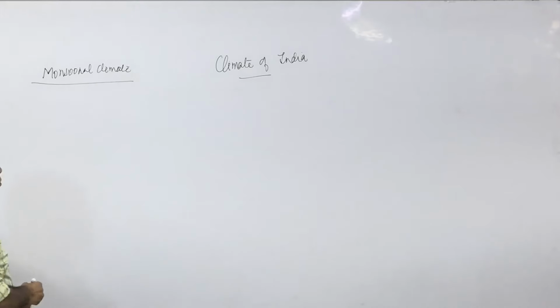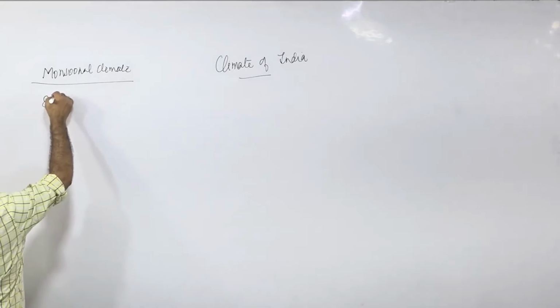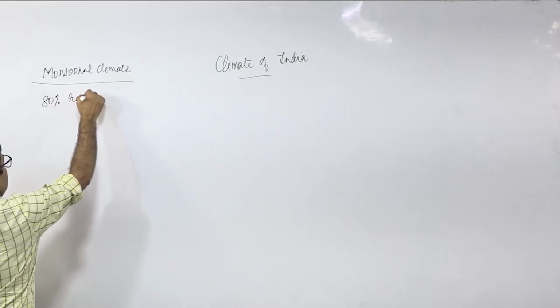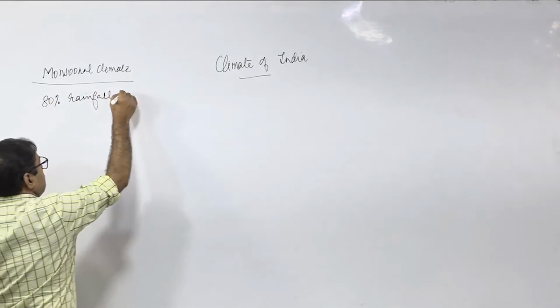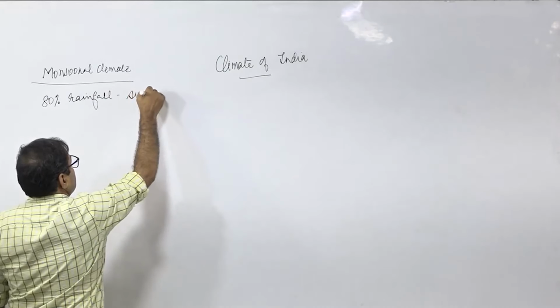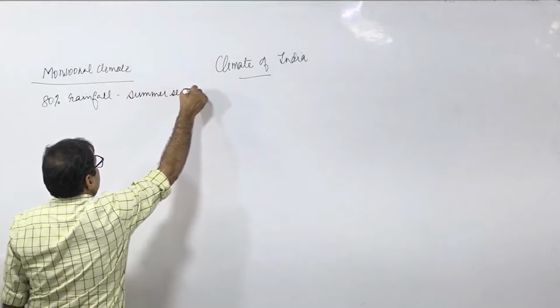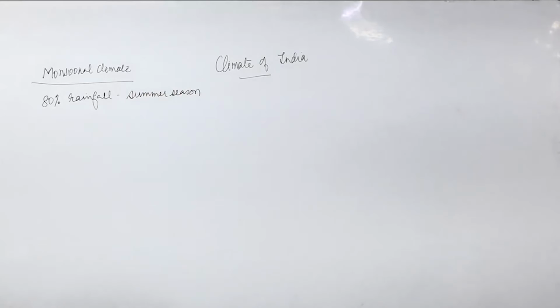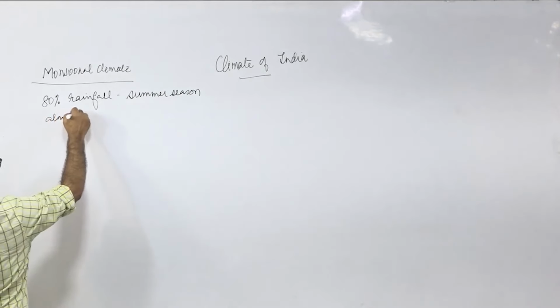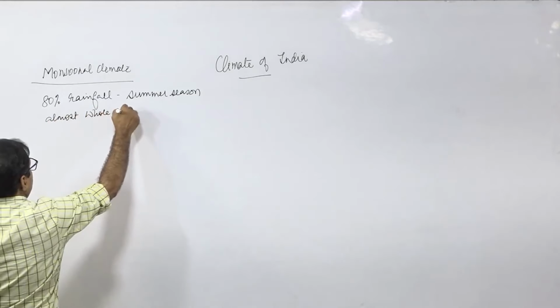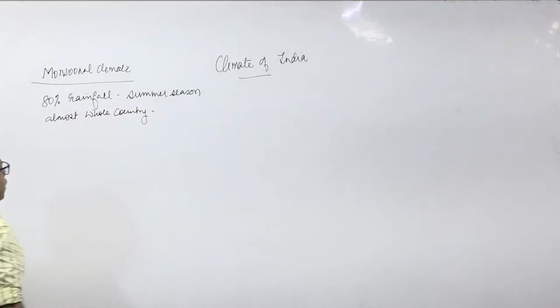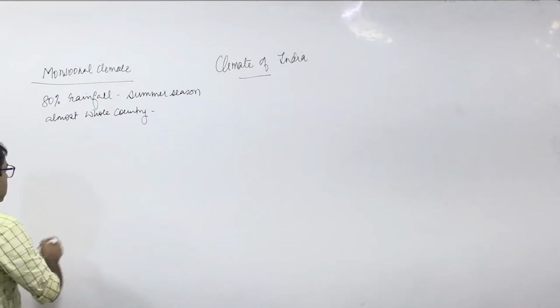It is called monsoonal climate because 80% of rainfall occurs in the summer season, and almost the whole country has been covered under this rainfall pattern. Therefore, the climate of India has been called monsoonal climate, right? Clear?